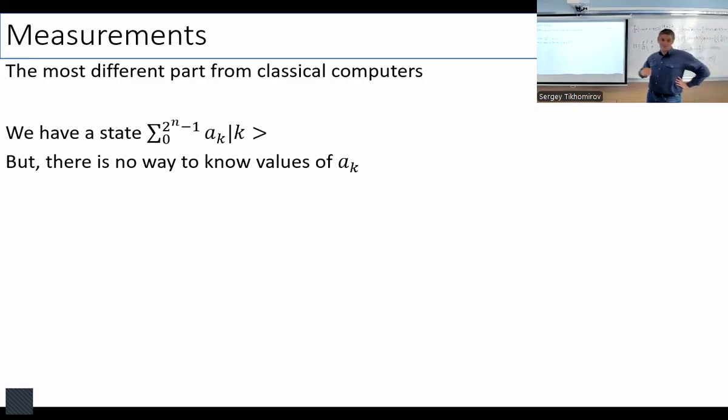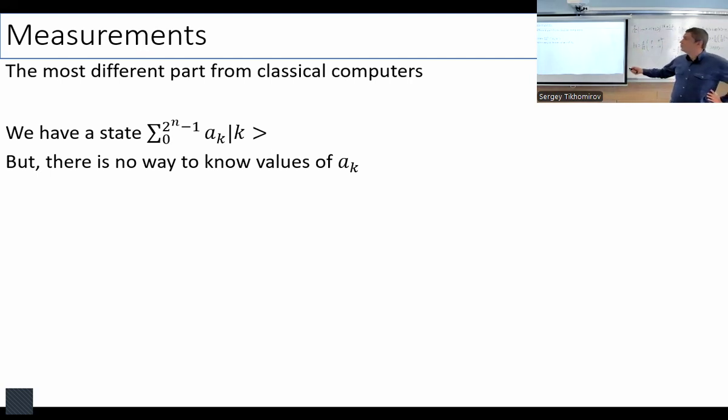So please don't shy to ask if you have some uncertainties. So the main problem in quantum computing is the following. We have a state, and maybe it contains the wonderful numbers which answer all the questions in life.